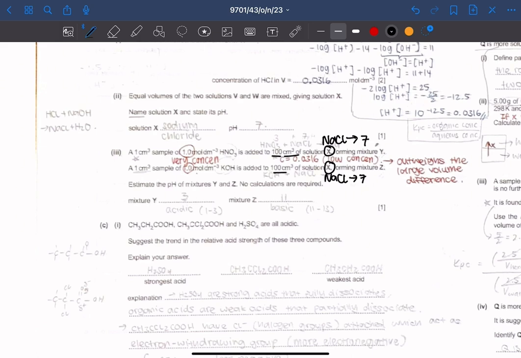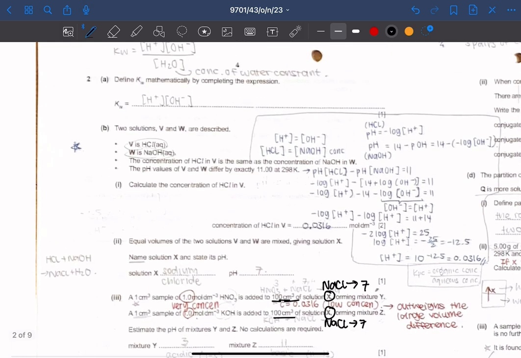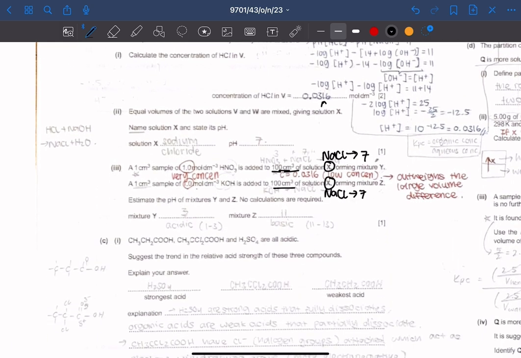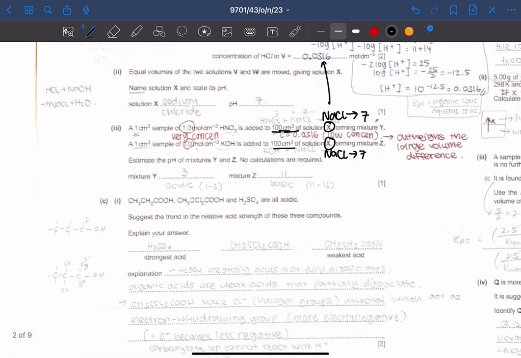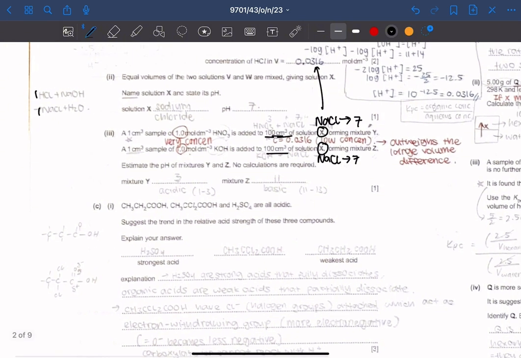And then a very large volume of NaCl is actually added. But remember that NaCl just now has a very low concentration of 0.0316 mole per dm cube, because HCl to NaCl is actually a 1-to-1 ratio here. So it also has a concentration of 0.0316, which is very low compared to the very highly concentrated HNO3, which is acidic.